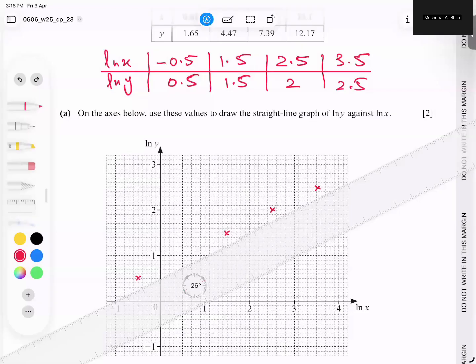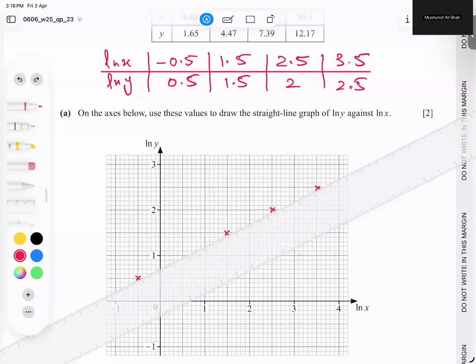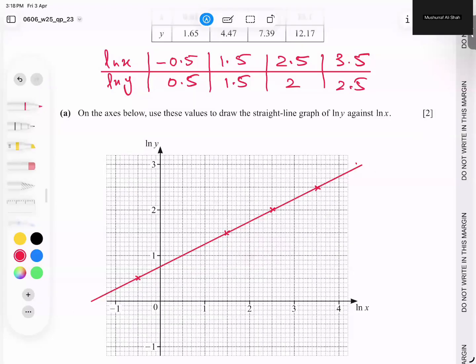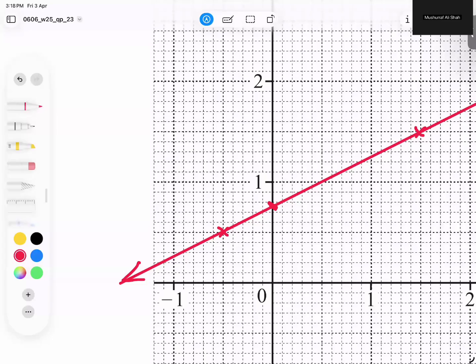The C value is 0.75, my graph is telling. So it can vary, it depends upon the graph.